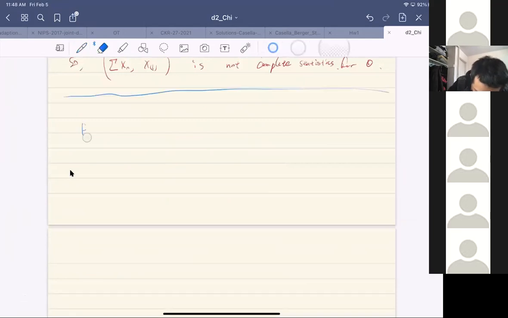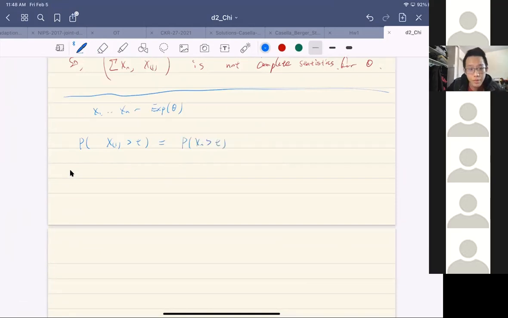If S1 to Sn are exponential with parameter theta, then the probability that S1, the smallest one, is greater than t is equal to the probability that Si is greater than t, to the power n. I see. Then we plug in the density of the exponential, and we can find that.